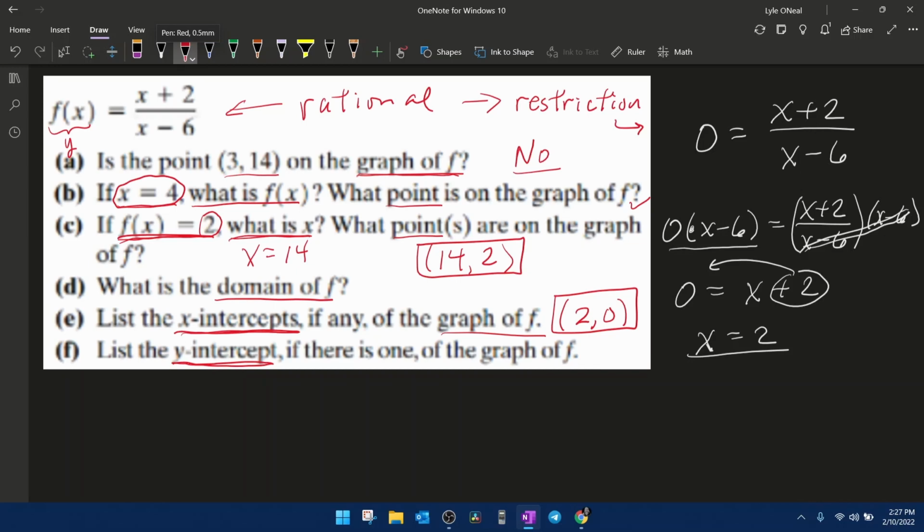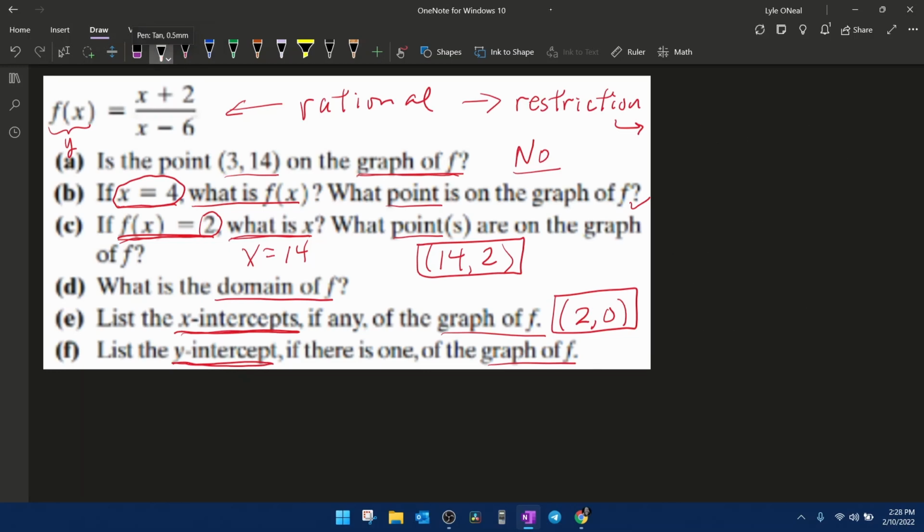And part F, the last piece of the puzzle here, says to list the y-intercept of the graph of f. We know that the y-intercept exists where x is 0. So to calculate the y-intercept of a function, you basically need to calculate f of 0.